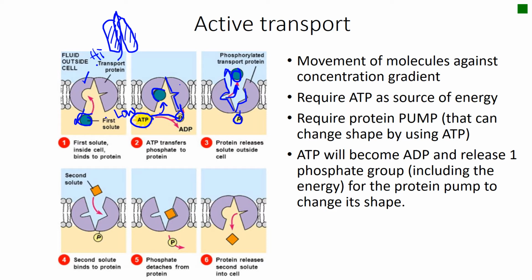After that, the other molecule that needs to be actively transported, the orange one, will attach to the other side that fits its shape. Then the phosphate will leave the cell. When the phosphate leaves, the energy is gone, it has been consumed. As a result, the protein pump will go back to its original shape as in the beginning.